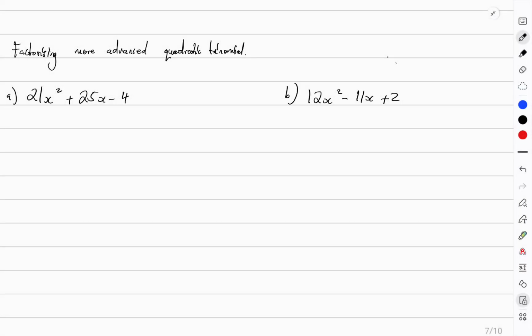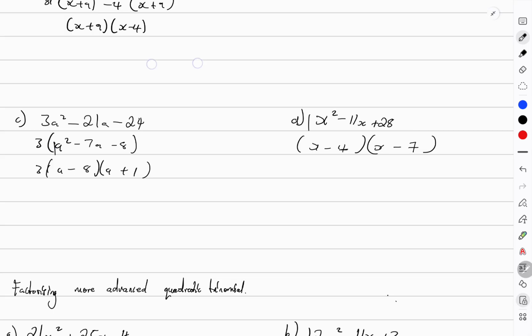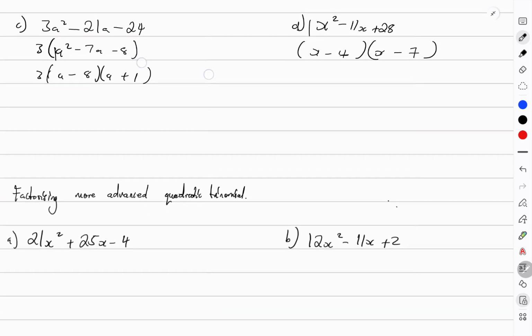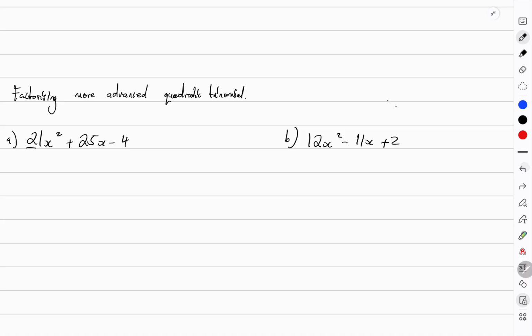Factorizing more advanced trinomials. Can you see a difference between this one? Here we were having a coefficient of 1, a coefficient of 1, a coefficient of 1. But now we are having a coefficient of x squared which is not a 1. So it means a more advanced quadratic trinomial.